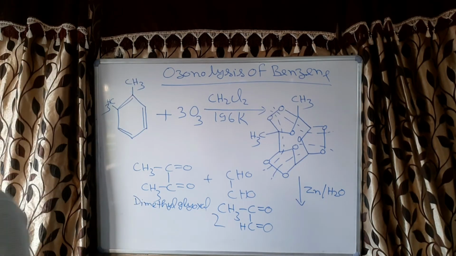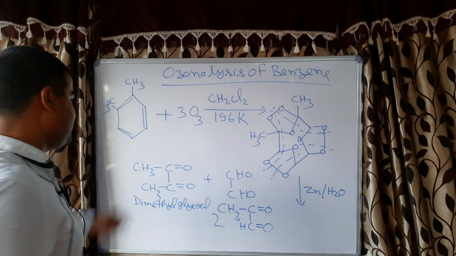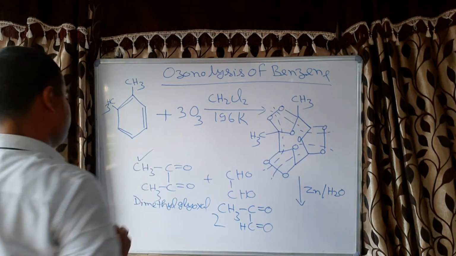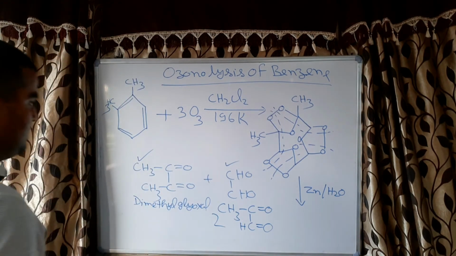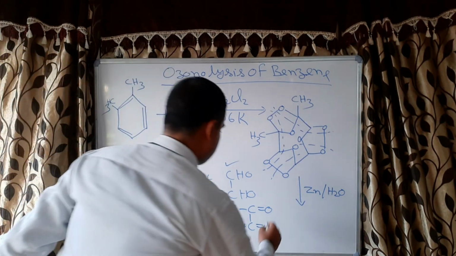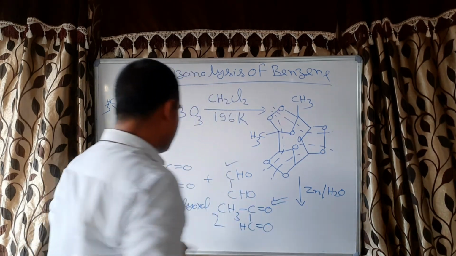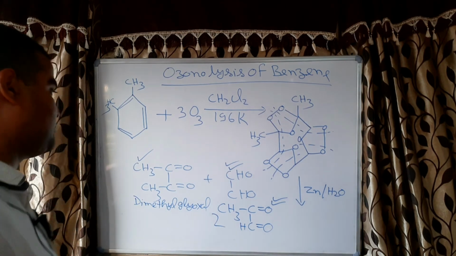Now what you observe: if CH3 is on this side, then this will form and this will form, correct? If CH3 is on this side, then this will form 2 molecules and this will form 1 molecule.